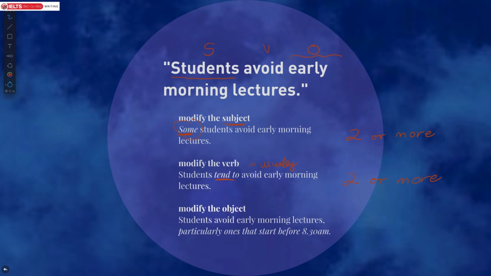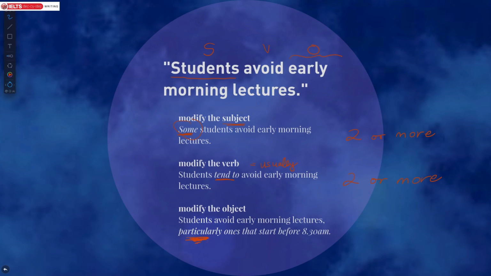Okay. And then we can modify the object, early morning lectures, by clarifying it, by saying, not all of them, just the ones that I'm talking about, particularly this group. Okay, so students avoid early morning lectures, particularly ones that start before 8:30 a.m. So if I clarify it or I modify it using something like this word particularly, I can get away with saying this without somebody saying that's not true.